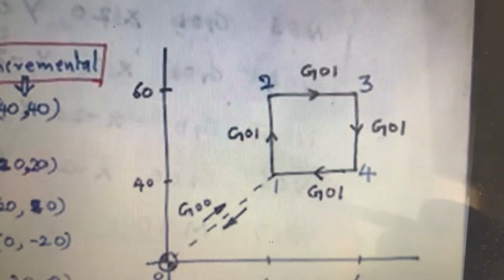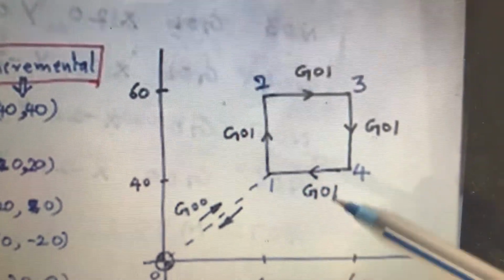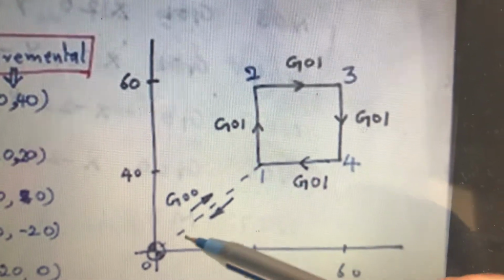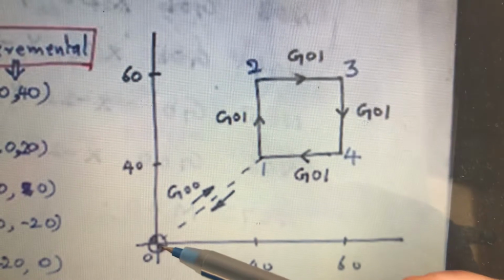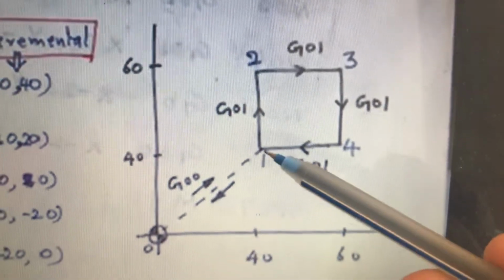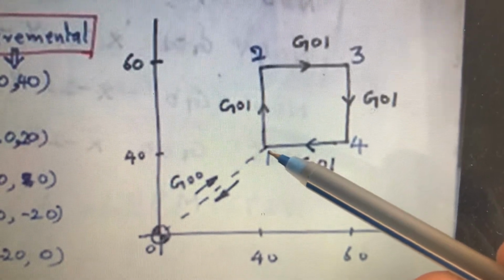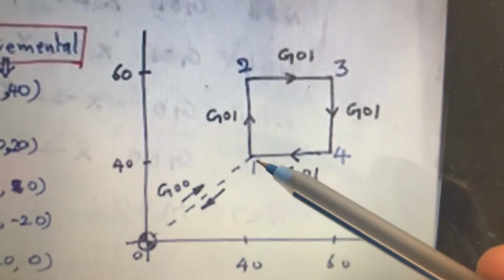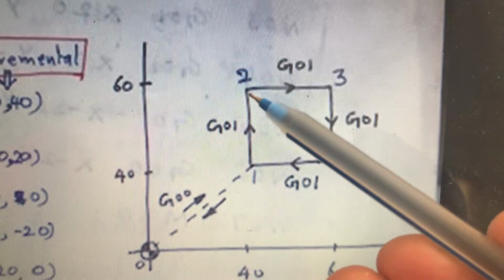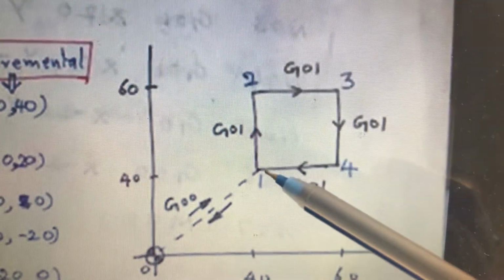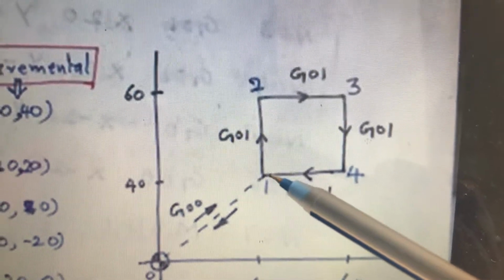How to finalize the origin: if you are taking point 1, the fixed origin 0 0 becomes the origin. So in incremental programming, at point 1 the value of x and y is 40 comma 40. When you go to point number 2, in incremental positioning, its previous point becomes the origin.